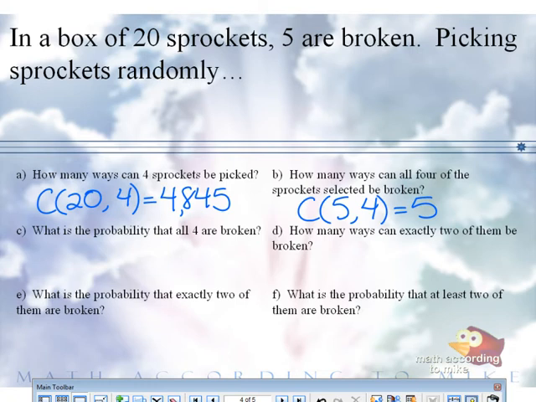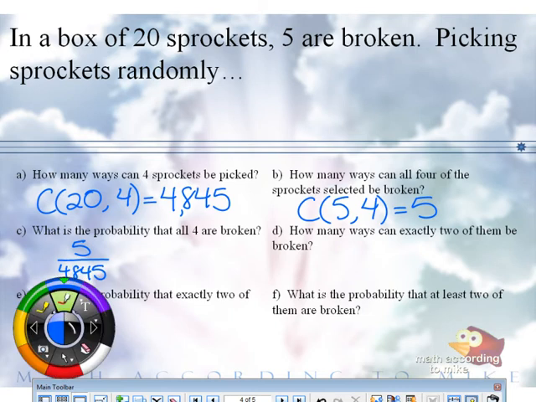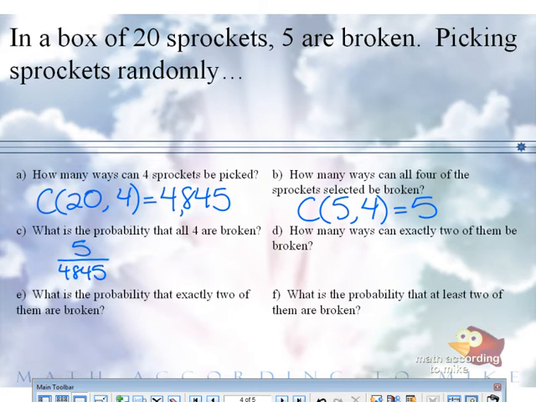The denominator represents the number of ways to pick 4 sprockets. There you go, 5 over 4845. What does that reduce to? 1 over 969.